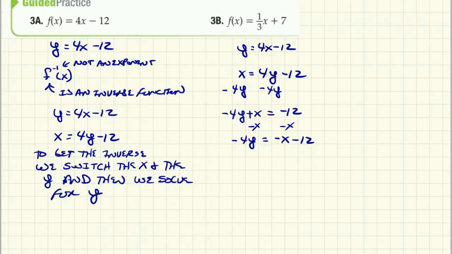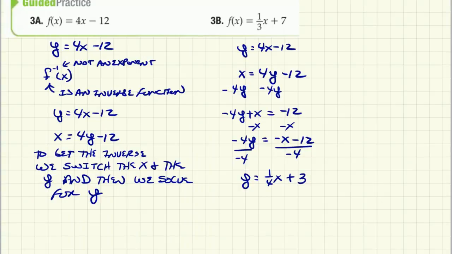Negative 4 is in the way, so I'm going to divide everything by negative 4. Negative x over negative 4 is a positive 1/4 x, and negative 12 divided by negative 4 is a positive 3.